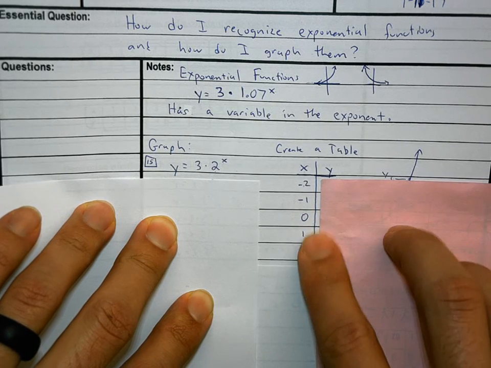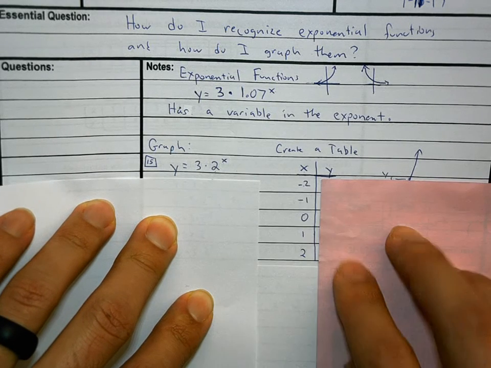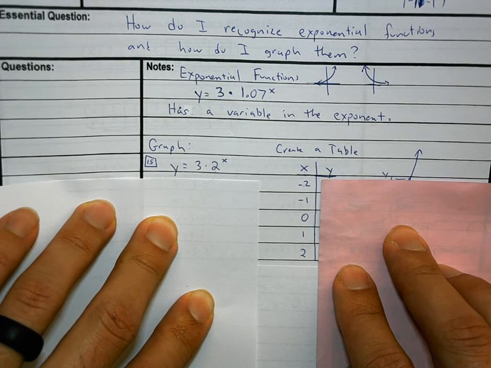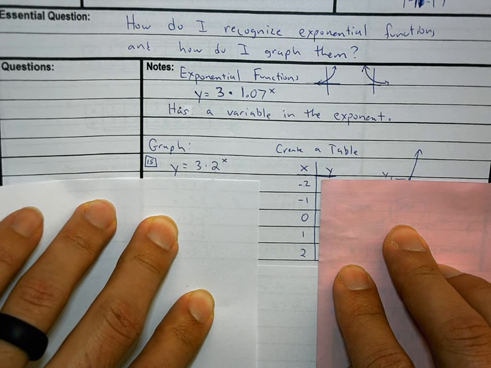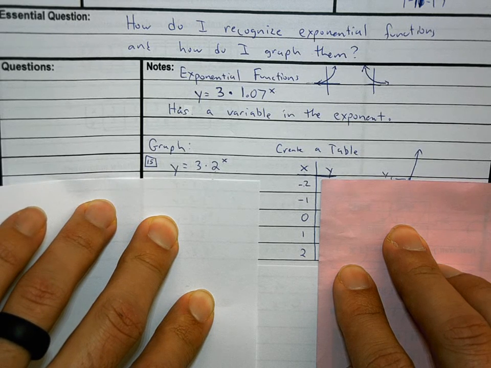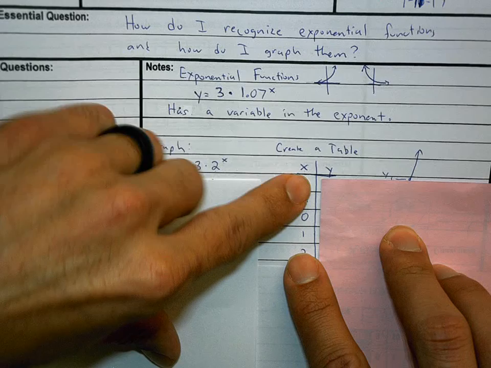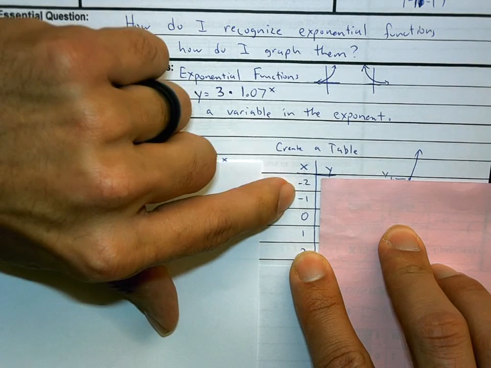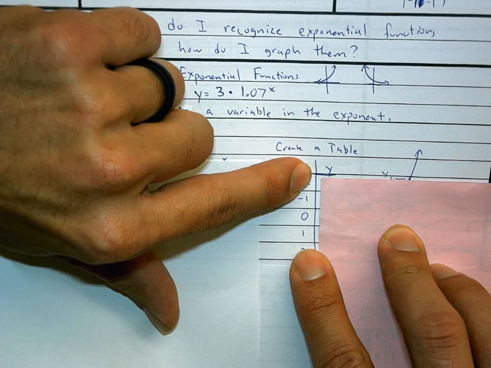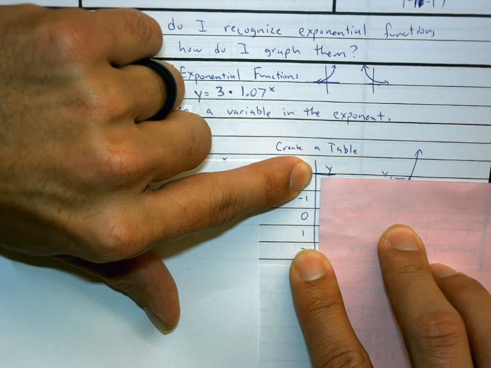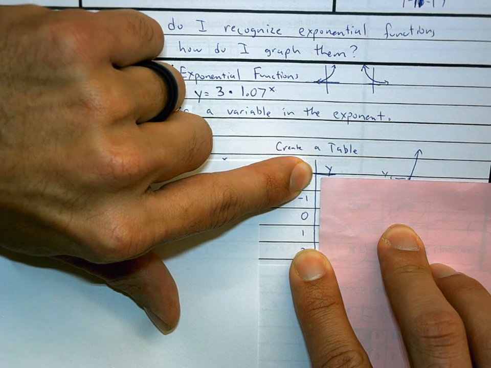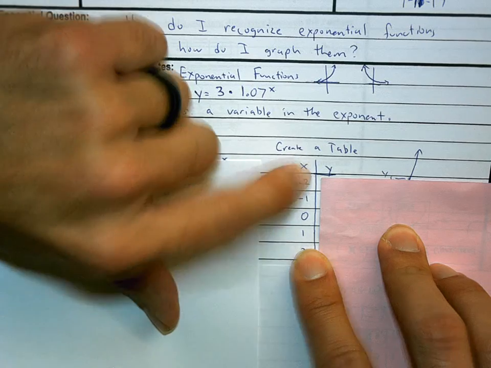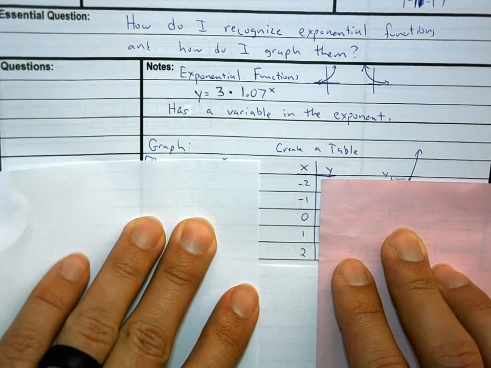You're always going to plug those into your x because x is your independent variable. If you are in a time crunch, then use these middle ones, -1, 0, and 1, and that should get you enough points to figure out whether it's exponentially increasing or decreasing. But 5 is going to be good for us.